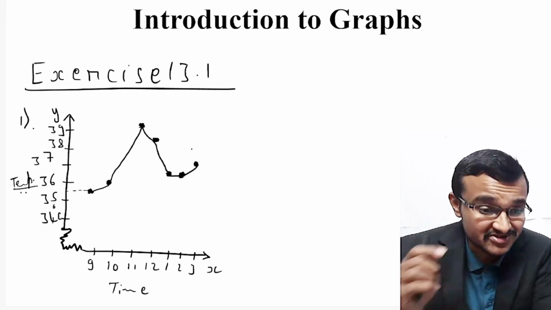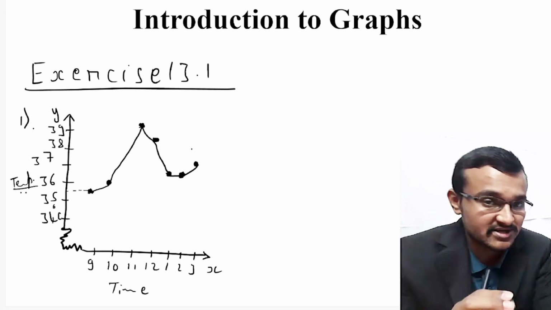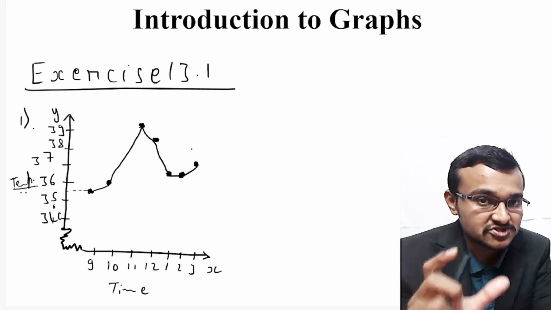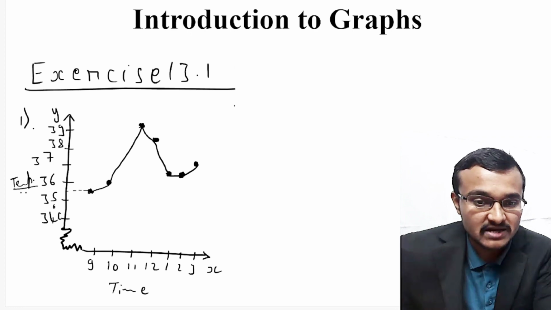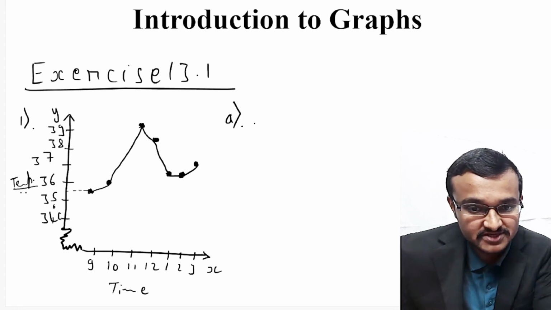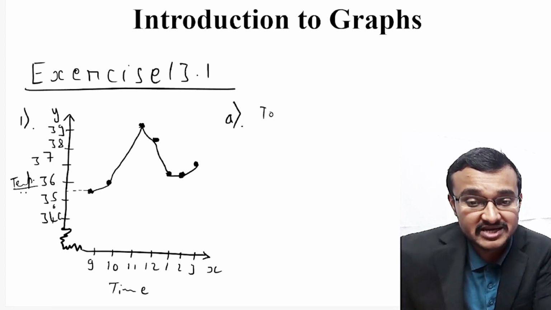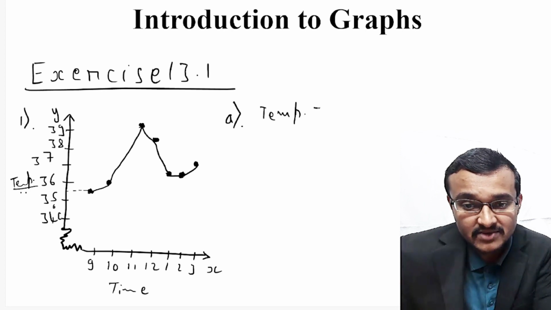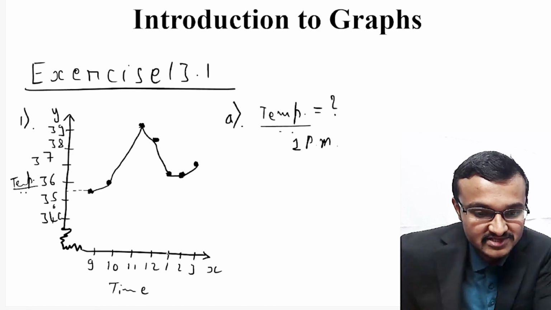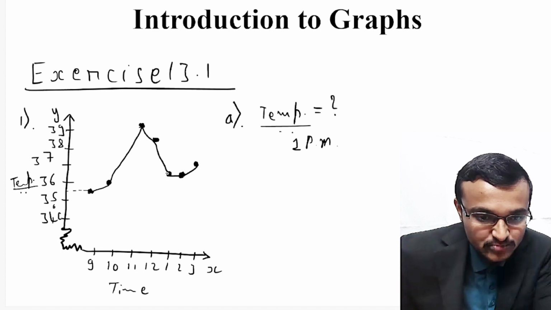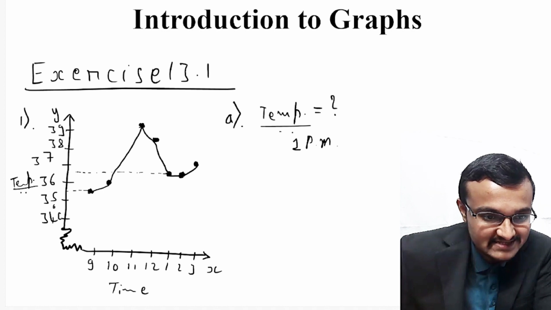Based on this particular graph, based on this data, they have given 5 questions in this first question, which you should go on answering. So coming to the A question: what was the patient's temperature at 1 p.m.? You can clearly notice, you can draw a perpendicular line from this 1 p.m. So this point is for 1 p.m. and you can draw a perpendicular line from this 1 p.m. to the y-axis as well.